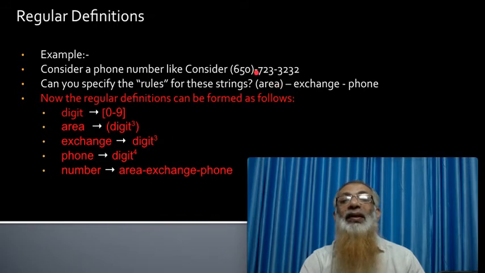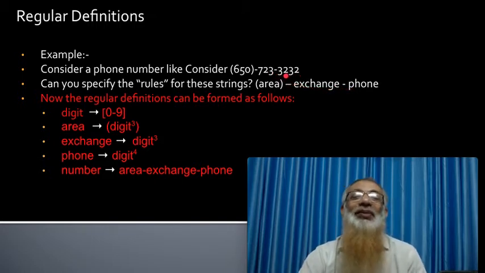We can see a hyphen here. Hyphen followed by the exchange code. After the exchange code, we have the actual phone number. In the area code, we have 3 digits. In the exchange part, we have again 3 digits. In the actual phone number part, we have 4 digits.